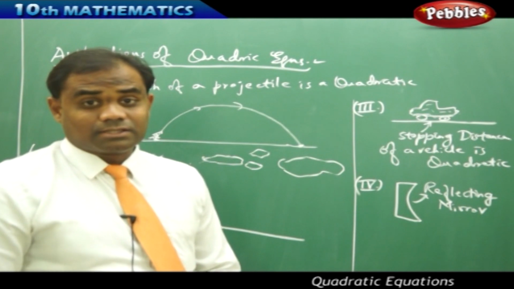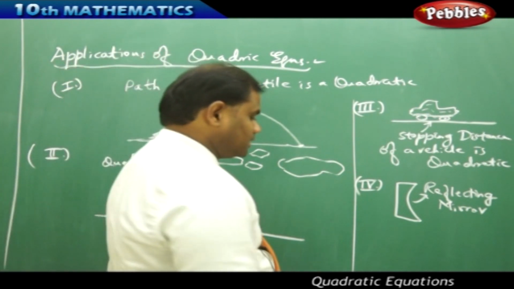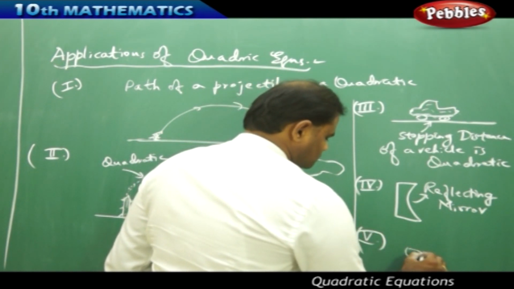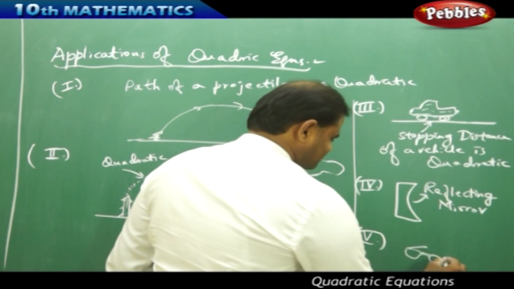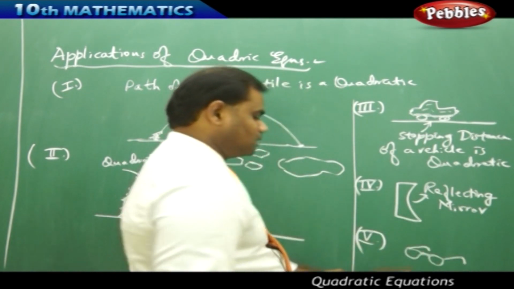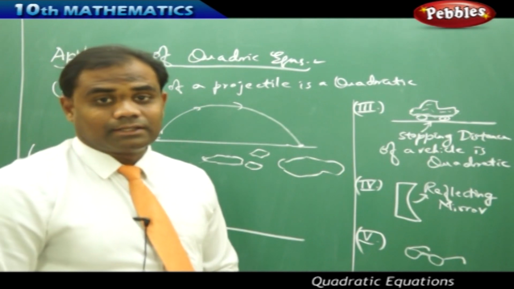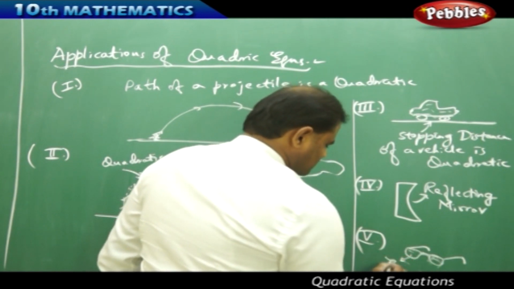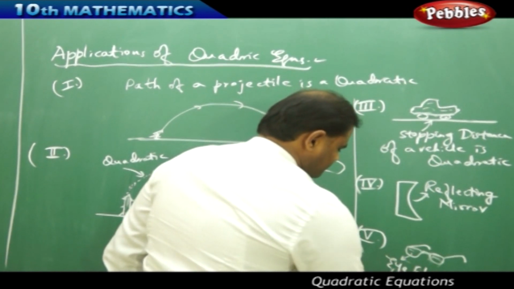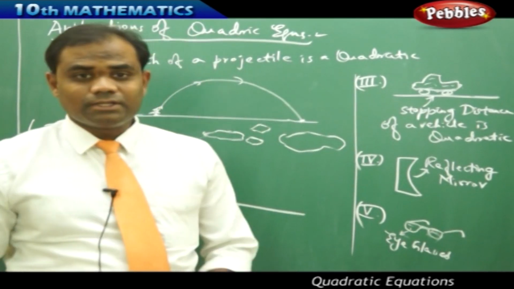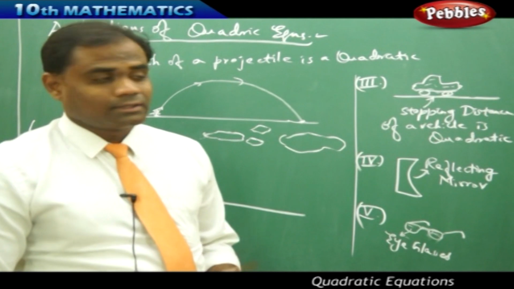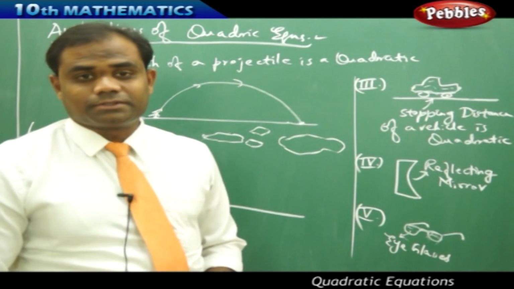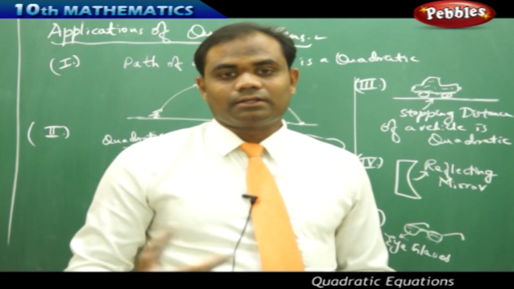Similarly, the contact lenses or the eyeglasses would also form the quadratic equation. When I take the glasses out here, this eyeglasses form a quadratic equation. Is how we see so many applications in branches of science and generally daily life connected to quadratic equations, which we are going to see in detail in the coming sessions.